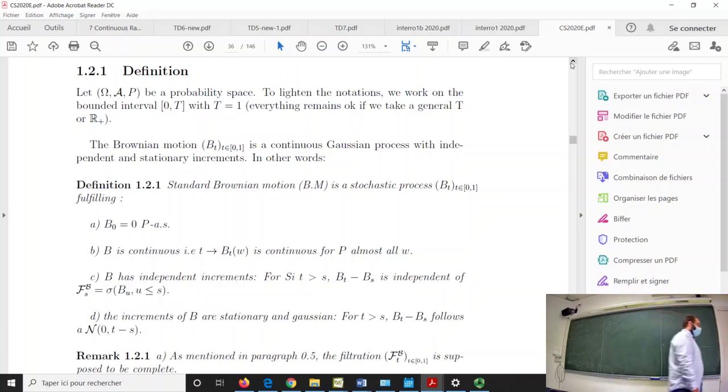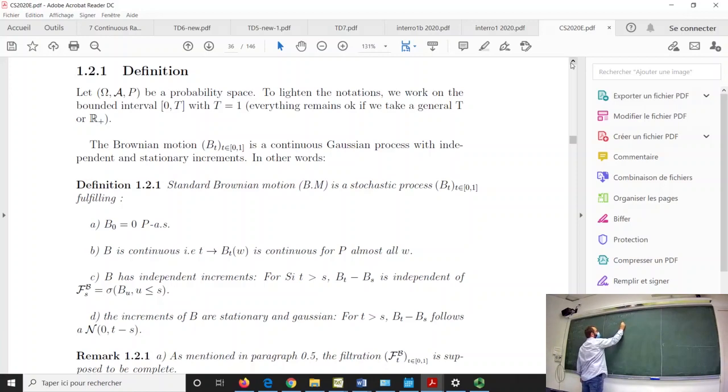And I want this increment to be independent of what happened before s. So when you consider the increment of the Brownian motion on an interval, you want it to be independent of what happened before.